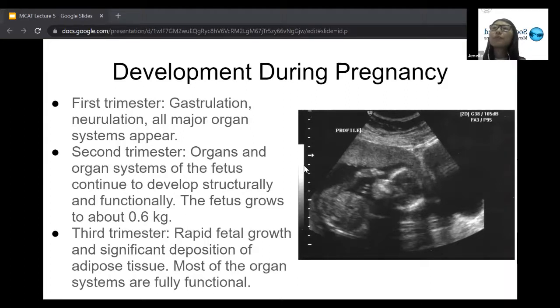So premature babies at this third trimester stage should have a good ability to survive since their organ systems are mostly fully functional.